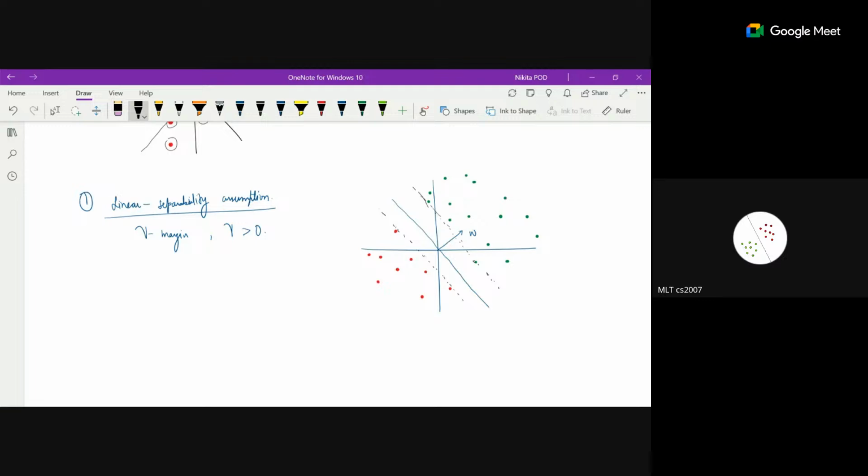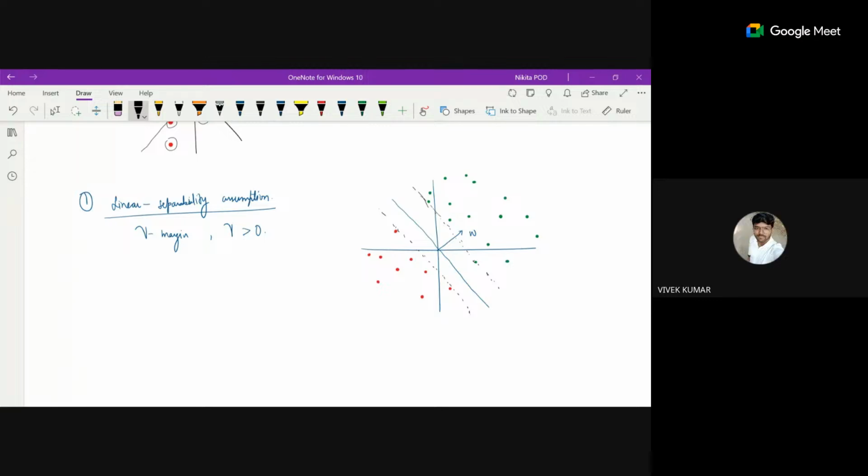We are saying it shouldn't be just linearly separable. It should be linearly separable with some margin. Ma'am, so both sides are equidistant? Yes, both sides are equidistant, because we're saying both are gamma distance.